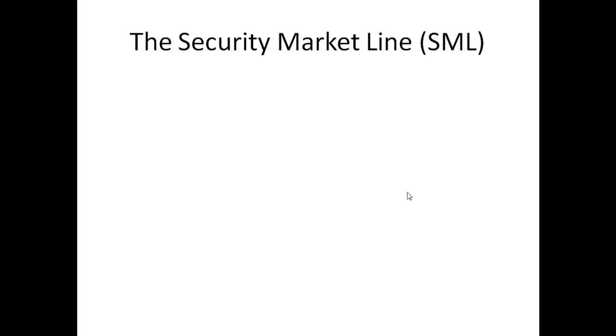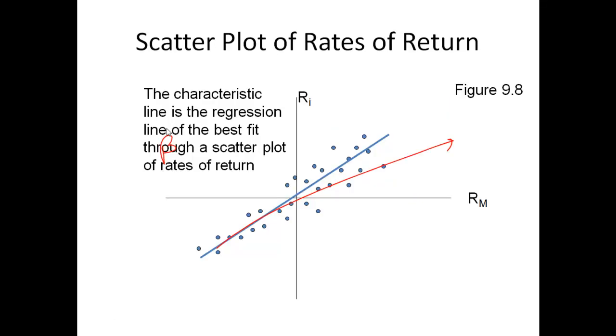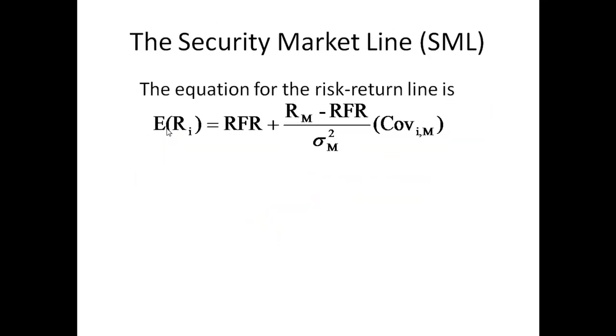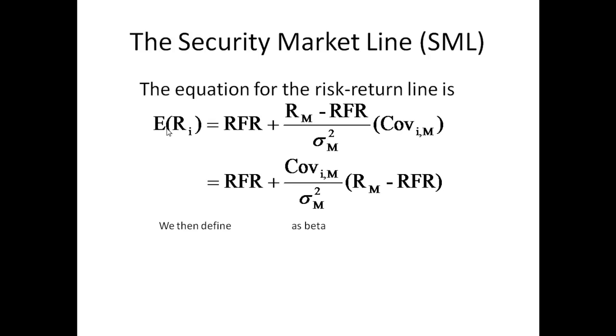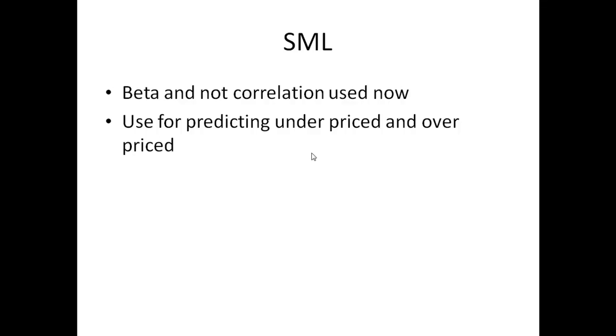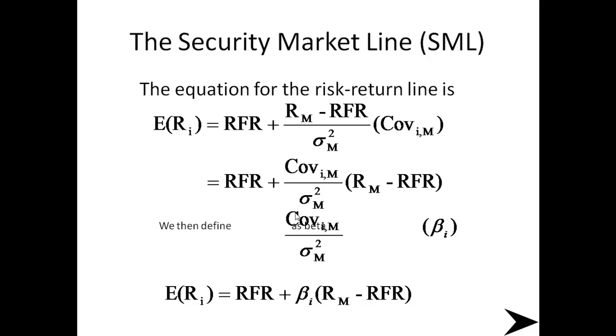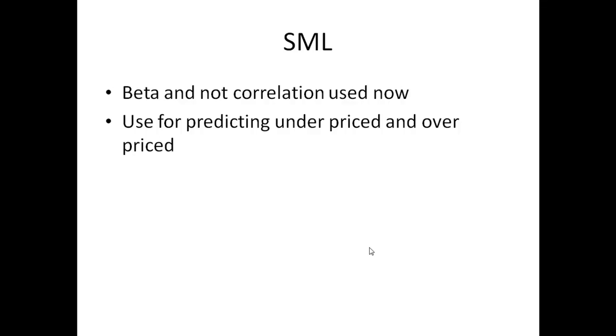The next part here is this SML, and in this what we actually do is that we look for a regressed line and we search for the beta. So we search for this beta and we say that as we increase this beta, our expected return is going to increase.